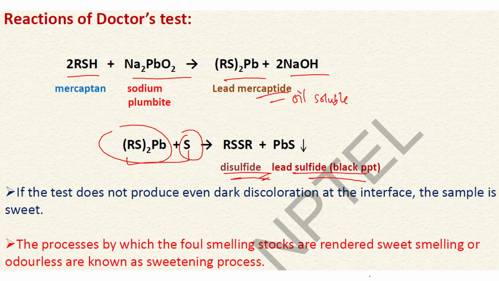Because if in a test tube we take crude oil and sodium plumbite, it will form a black colored precipitate of lead sulfide at the interface. So if there is no black or dark coloration, then there is no presence of mercaptans. And if there is no presence of mercaptans, we can say that our crude oil is sweet.